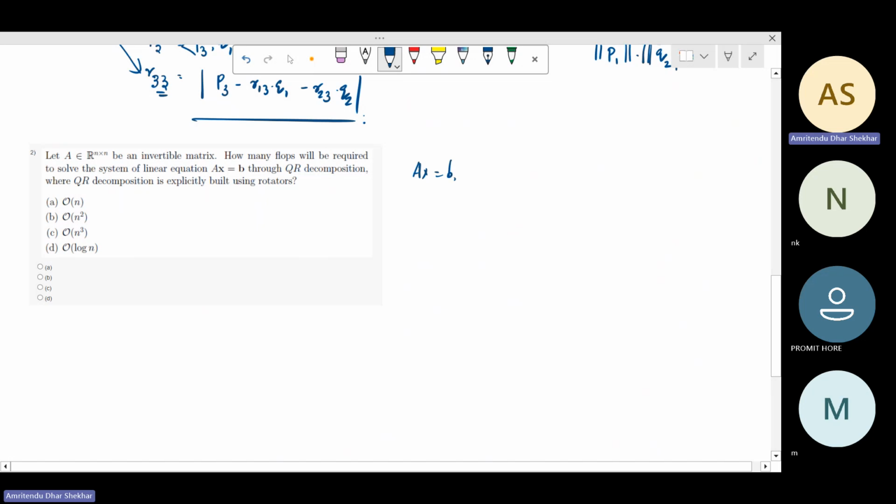But the QR decomposition requires us to build this Q matrix using rotators.